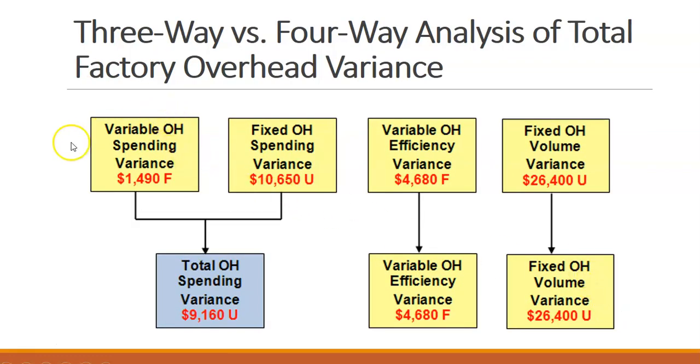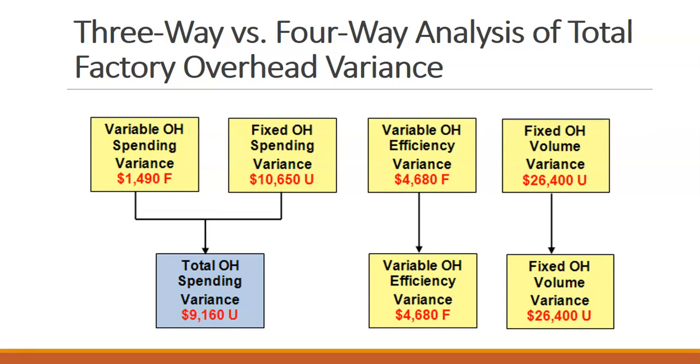First, we started with our 4-way analysis of our factory overhead variance with the variable spending, fixed spending, variable efficiency, and fixed volume. Then at the bottom, we see a 3-way overhead variance analysis: total overhead spending variance, which is the variable overhead spending plus the fixed overhead spending, and then our variable overhead efficiency variance and our fixed overhead volume variance.